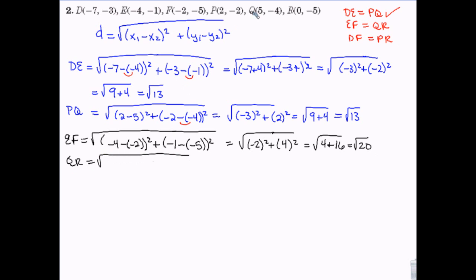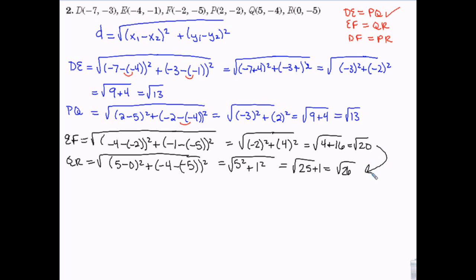QR is 5 minus 0, and negative 4 minus negative 5. So that's 5 squared and 1 squared. So that's 25 and 1. So that's the square root of 26.